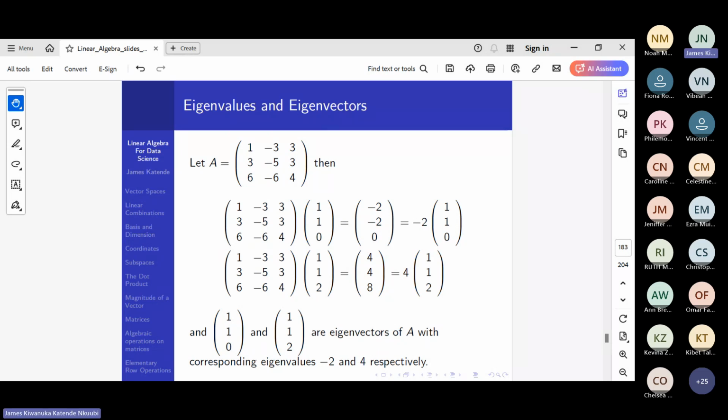In this case, the eigenvalues and eigenvectors have just been dropped from the sky, so we don't know how they came about, but we're about to figure that out shortly. So is it making sense so far? Is there anyone who is not following?